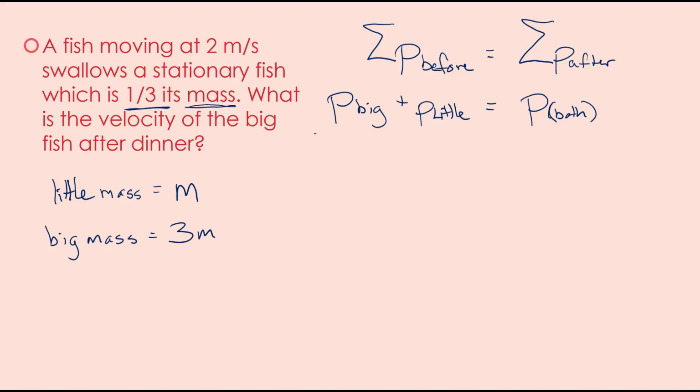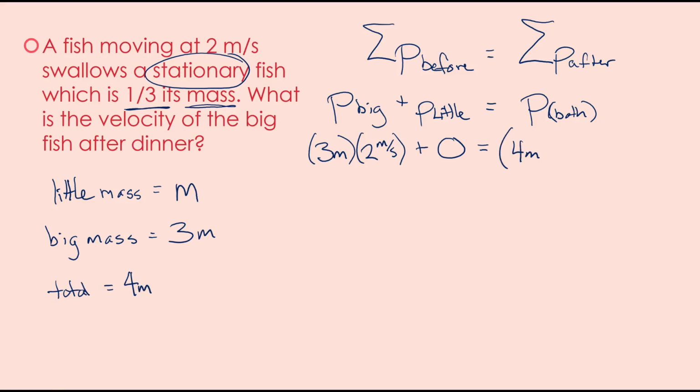So the big fish has 3m times 2 meters per second, but the little fish is stationary at first, so he doesn't have any momentum. Then afterwards, the big one's eating the little one, so the total mass would be 4m, big plus little, and we want to find this final velocity.